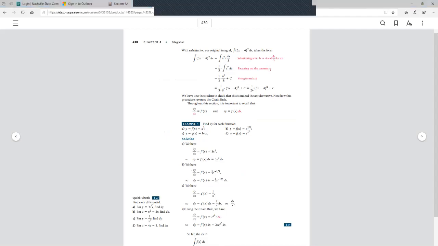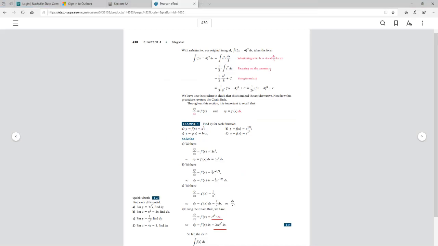Part A says find dy for each function. Okay, so basically, they're just going to start off with some basic review here. If y is equal to x to the power of 3, then the derivative of y with respect to x is 3x squared. We learned that early on in the semester.